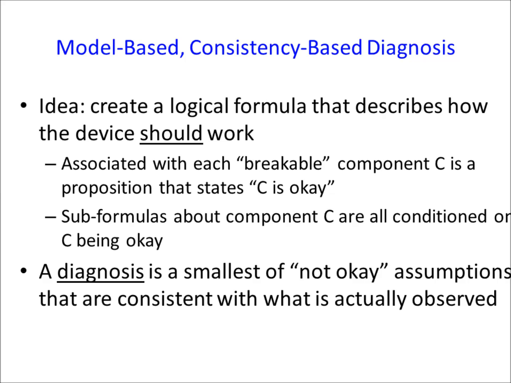That is my diagnosis task, right? So if I know that the car is not starting, then my diagnosis task is to figure out what could be the reason. Okay? I have to come up with a set of answers, hopefully a small set of answers, that is consistent with the way the knowledge base works, consistent with the way the car works, and gives the observations that I want to have. So let's take an example.